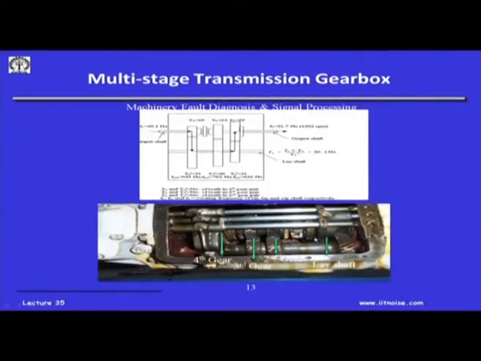It is a 4-stage gearbox. So, this is if my speed was 49.1 hertz, and this is the lay shaft, and this is the output shaft, and then the 4th gear has 19 teeth, 3rd gear 24 teeth, 2nd gear 29 teeth.